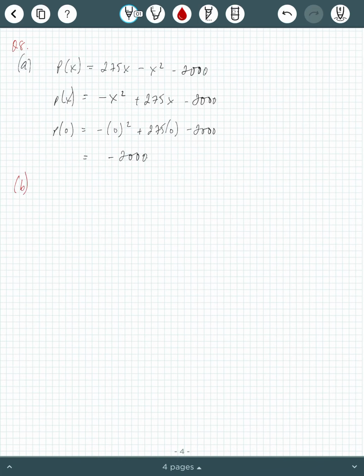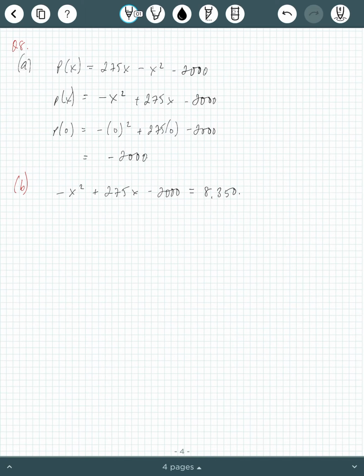It says here, in a particular week the company made a profit of 8350. Find the number of kilometers of cable that is sold that week. So what they've done there is said that your function, minus x squared plus 275x minus 2000, will be equal to, because it's the profit, 8350.